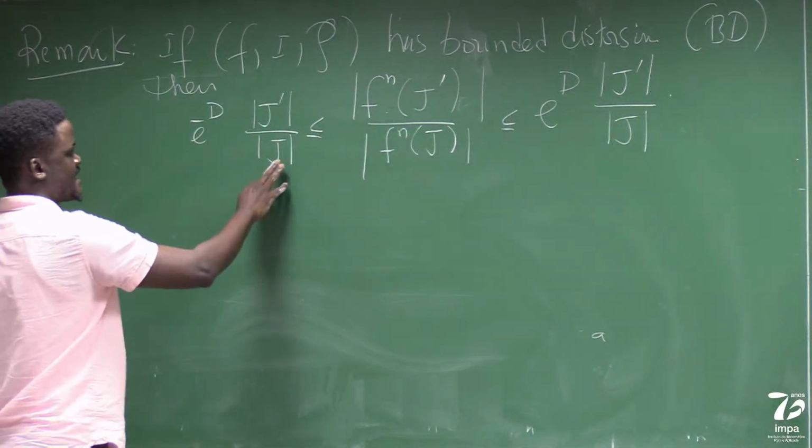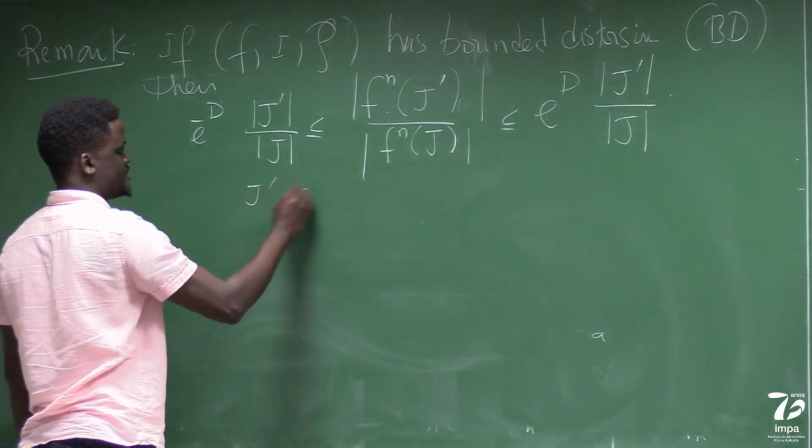So these are intervals, J and J prime, and J prime is a subinterval of J, okay?